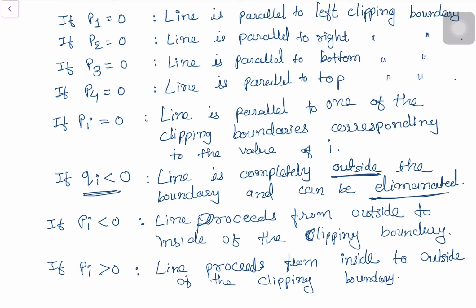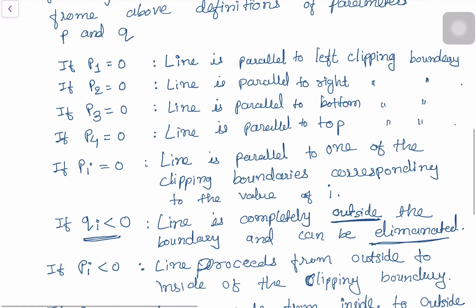So we have to remember all these rules. If p1 equal to 0, the line is parallel to the left clipping boundary. If p2 equal to 0, parallel to right. If p3 equal to 0, then it is parallel to bottom, and p4 equal to 0, then it is parallel to top. It is just like the Cohen-Sutherland algorithm, right? These are the 4 conditions.